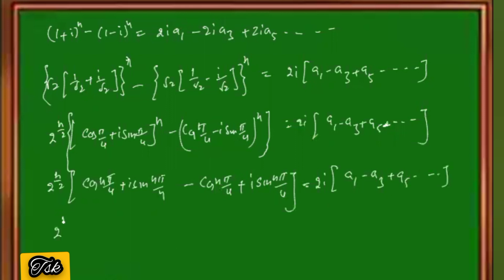This becomes 2 power n by 2 into 2i sin n pi by 4 is equal to 2i into (a1 minus a3 plus a5 minus so on). 2i gets cancelled, so the remaining will be the answer.